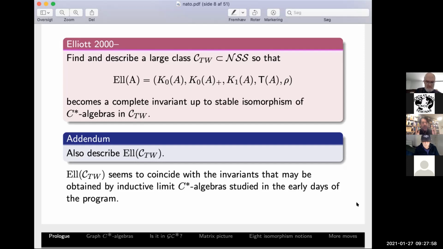But of course, you don't know this a priori, so it's very important that you have these stronger classification results that say that if you have a C-star algebra that you want to study, it falls in the classifiable class in the stronger sense.